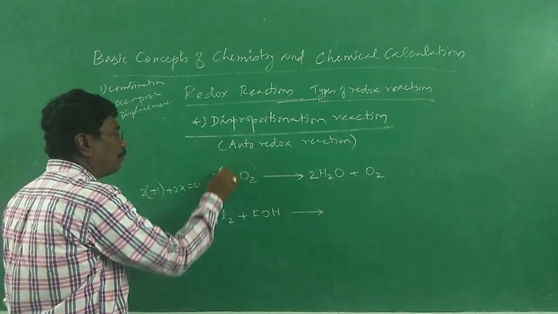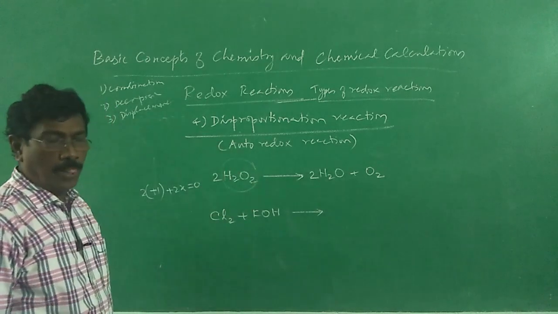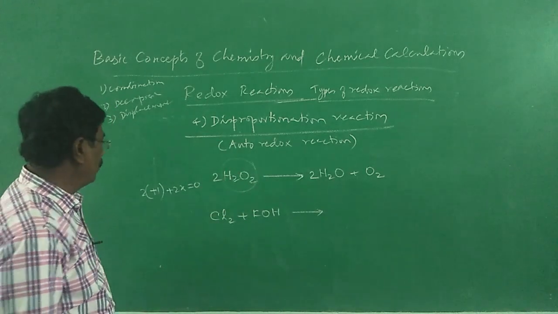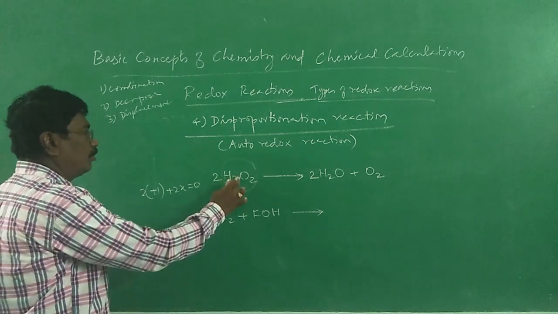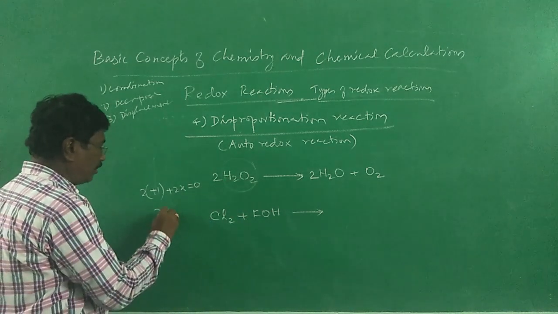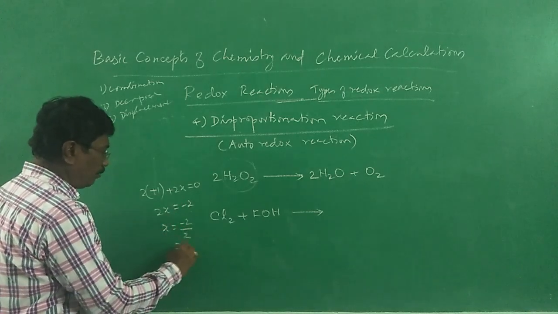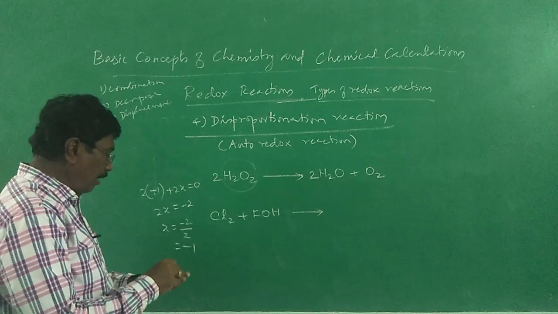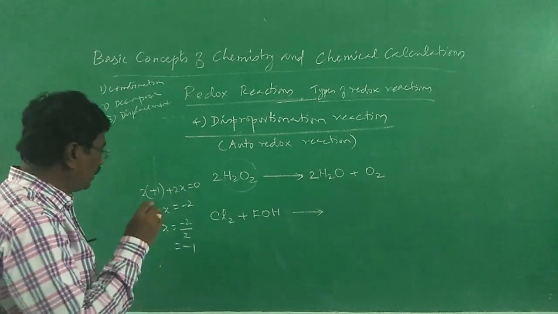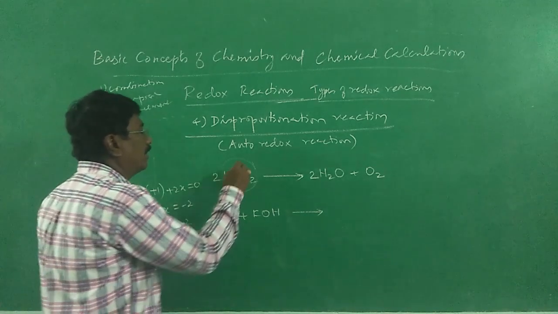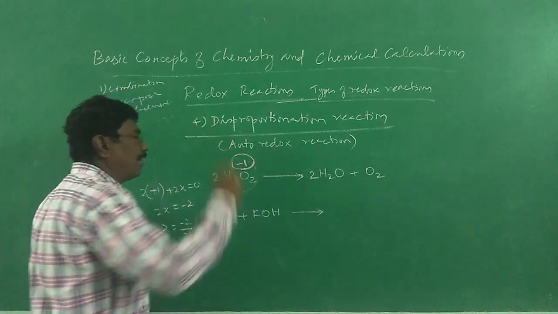Sum of the oxidation numbers of all the atoms present in a neutral molecule should be 0. Therefore, 2 into +1 plus 2x is equal to 0. 2x is equal to -2. Therefore, x is equal to -2 by 2, which is equal to -1. Oxidation number of oxygen is found to be -1 here. Don't forget it is -1.